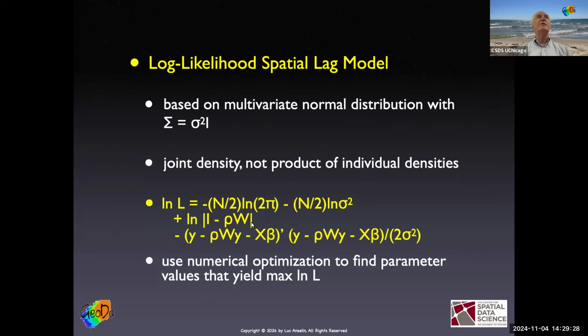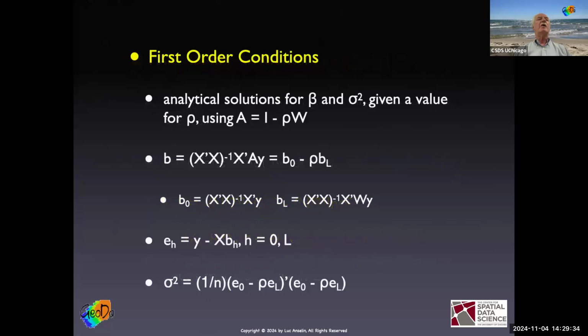How do we solve this problem? Always the same thing. Numerical optimization, we get the first partial derivatives and go to work. As it turns out, I'm going to go over this very quickly. You can read this at your leisure.